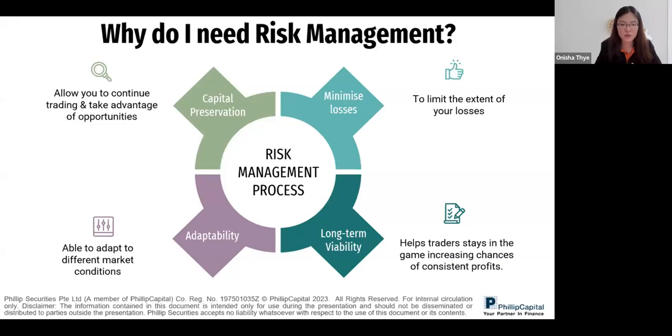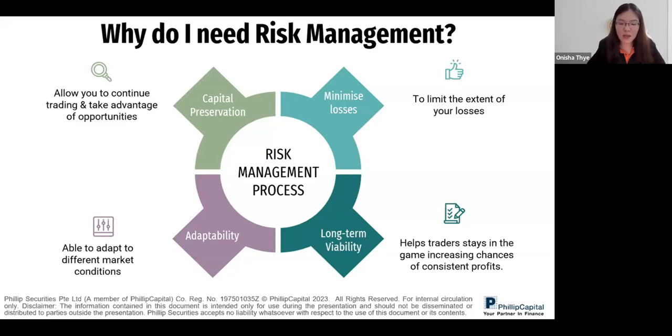Risk management also helps you minimize your losses, as it's normal for people to make losses here and there. It helps you limit your losses, and you can do that through stop loss orders, position sizing, and setting a max drawdown. Next is long-term viability, which means risk management helps you stay in the game in the long run and increases your chances of making consistent profits.